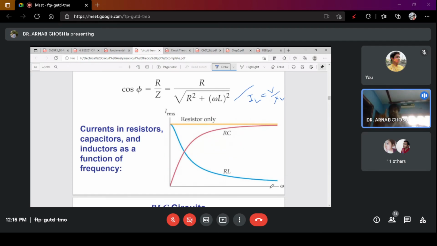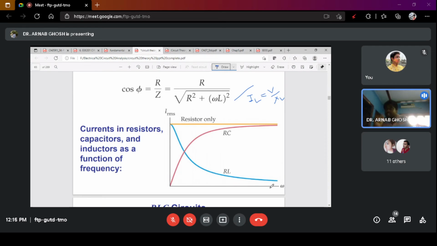The study of this nature of the currents is known as the transient analysis of an AC circuit. That is, to study the nature of the current and current waveforms with respect to frequency and time. An AC circuit can be an RC circuit, an RL circuit, or an RLC circuit.